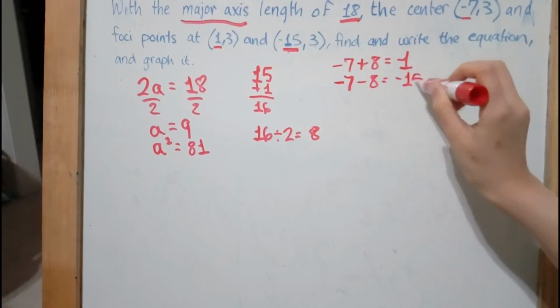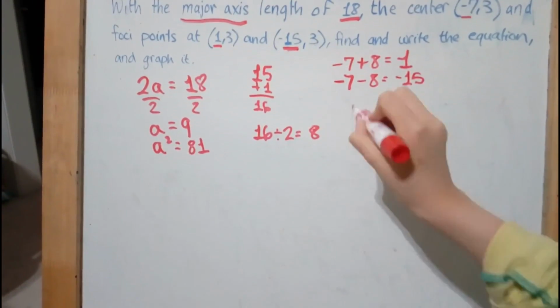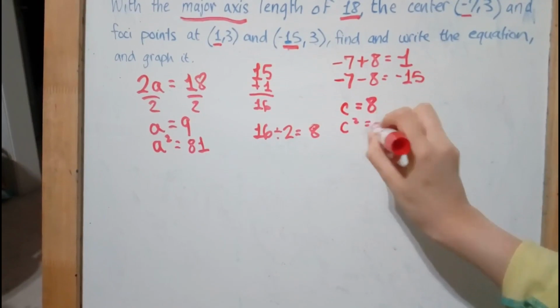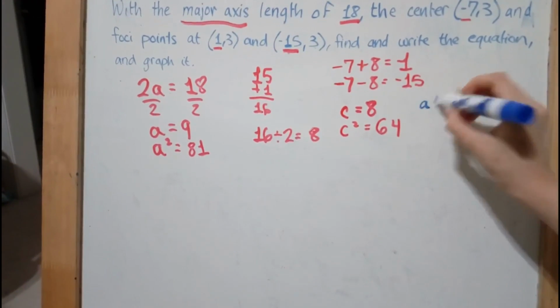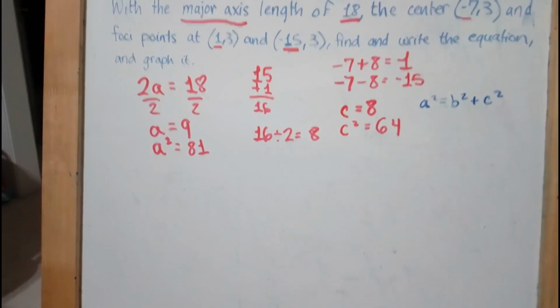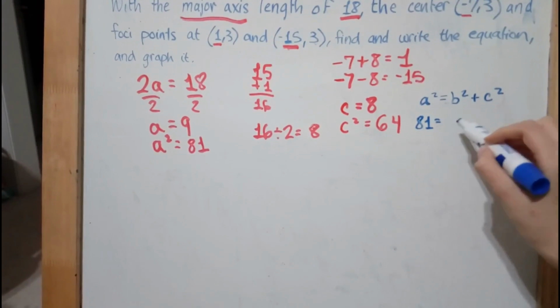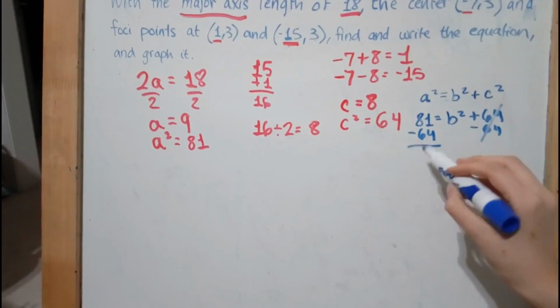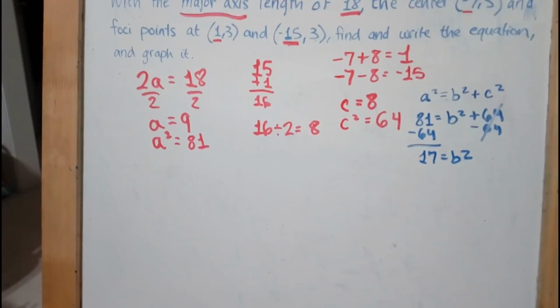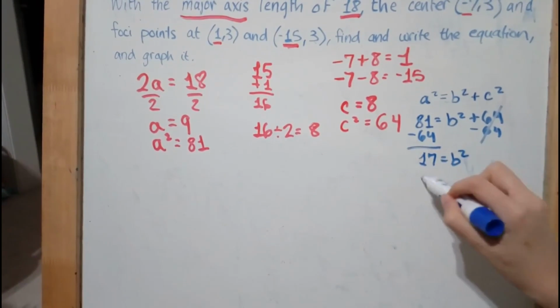So c is equal to 8, and c squared is equal to 64. So since we have a squared and c squared, we can plug this into the Pythagorean theorem and we find our answer for b squared to equal 17, which means b is equal to the square root of 17.